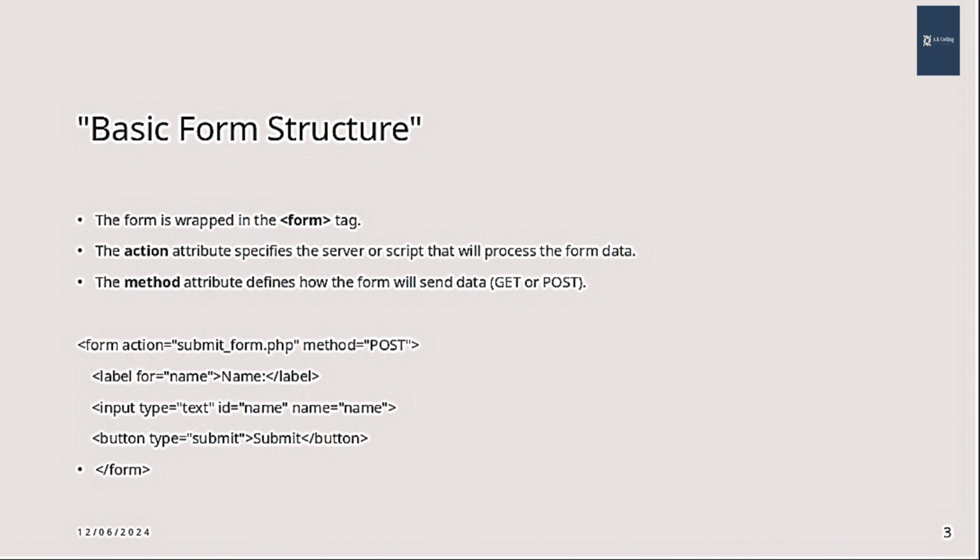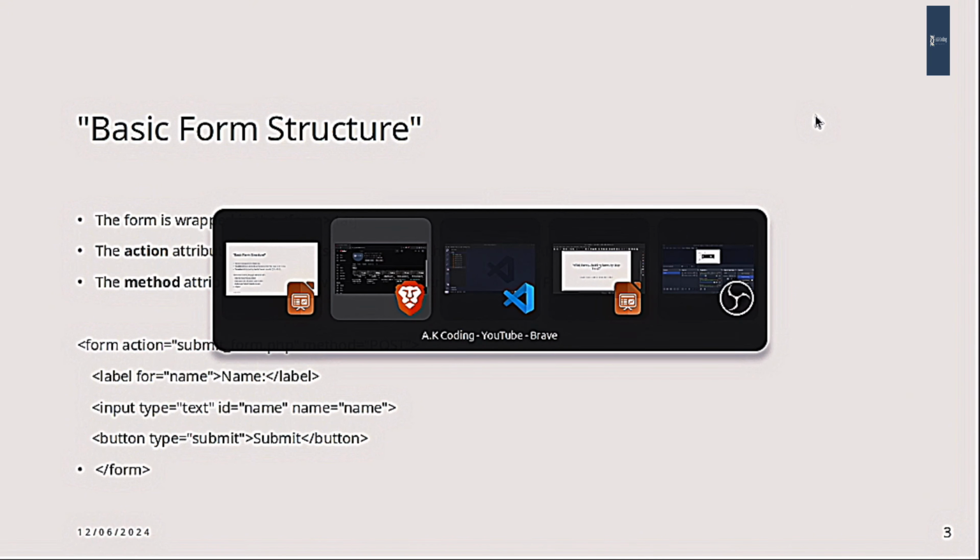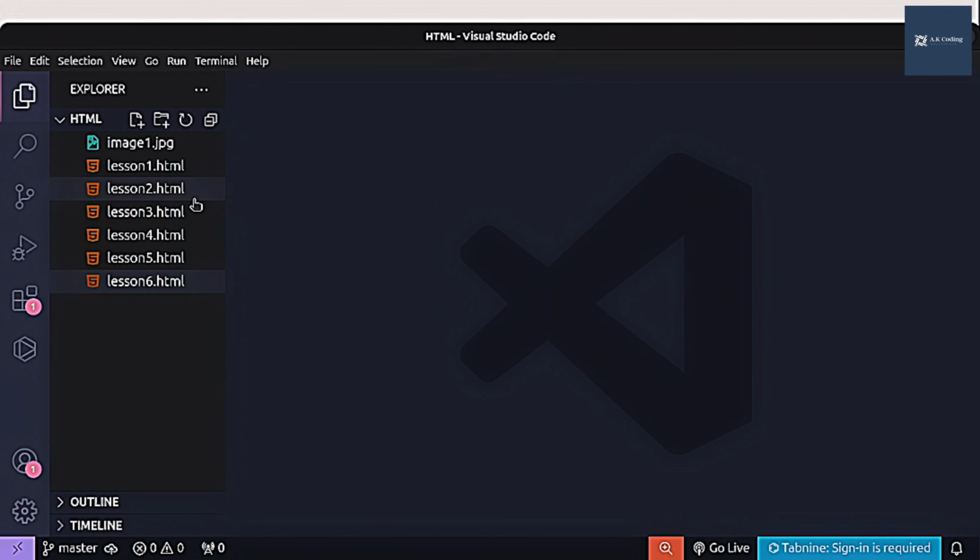So we have a basic form structure that we are going to write in our HTML. I'll go to our Visual Studio Code and show you. I will open a new file for the day of 7, lesson 7.html.